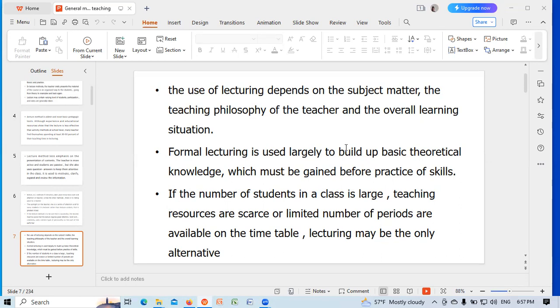If the number of students in the class is large, teaching resources are scarce, or a limited number of periods are available on the timetable, lecturing may be the only alternative. In these three conditions, lecture may be the only alternative. Otherwise, we can't do this.